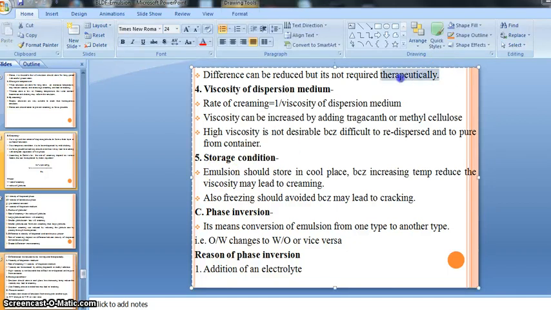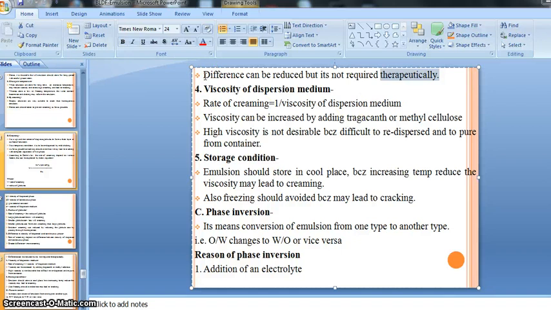Therapeutic effect means our pharmacological effect, meaning the intention of taking any dose is that it should cure our disease or disease condition. So this statement says the difference can be reduced but it is not required therapeutically.